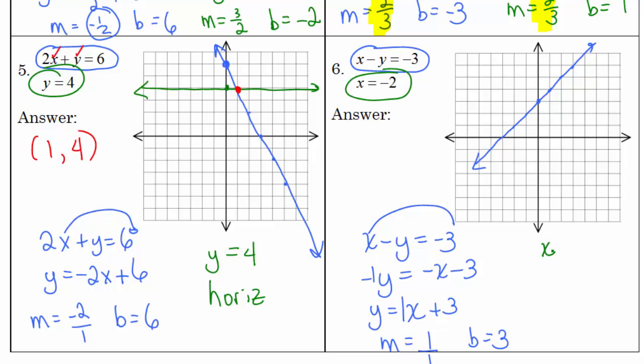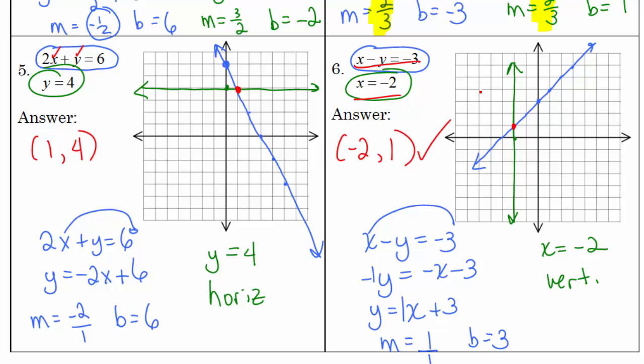And then you know if I'm going to give you a horizontal line, I'm going to give you a vertical line. So we know this is vertical, x is negative 2, everywhere x is negative 2, you get a vertical line. Where they intersect is the answer. And again, if you check them, that works.